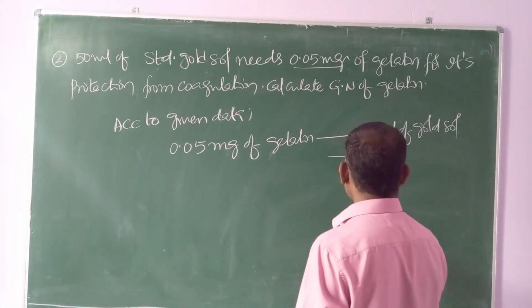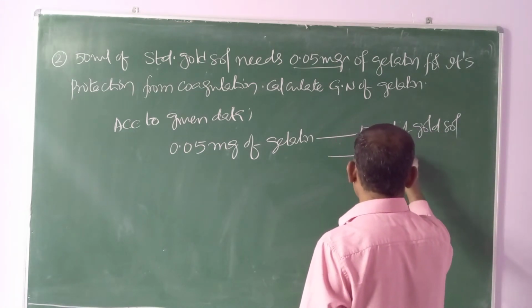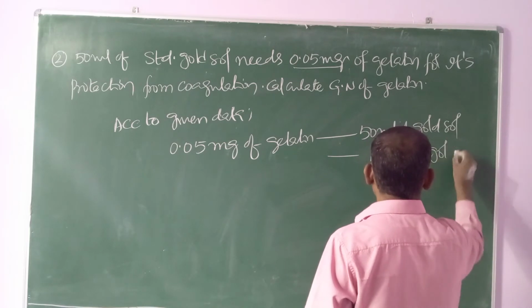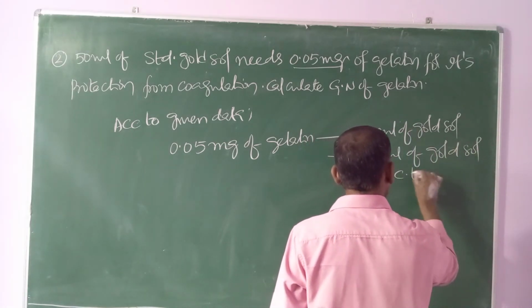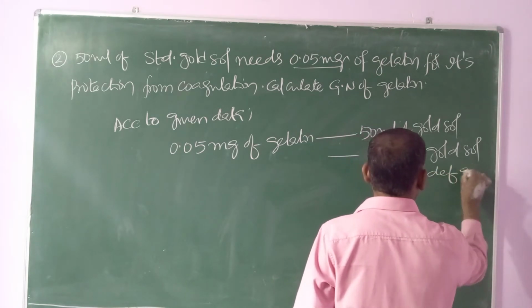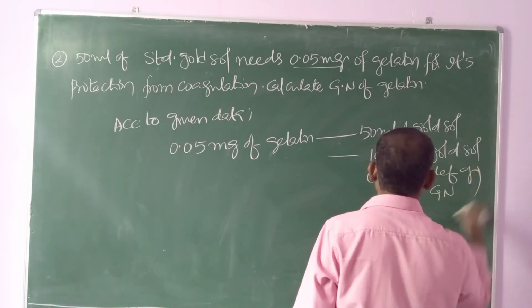But according to the definition of gold number, how many ml of gold sol should we consider? 10 ml of gold sol we should consider.